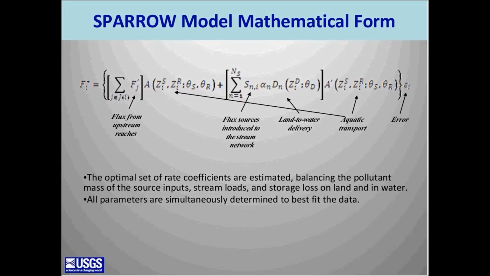These land-to-water delivery functions and aquatic transport help to account for what we see at our calibration points. So SPARROW will do an optimization of these equations to calibrate the best statistical relationship it can at the calibration points, and do a similar calculation for the unmonitored locations.